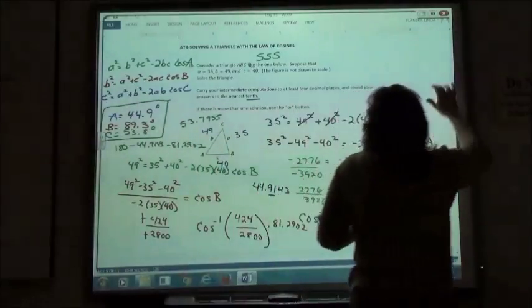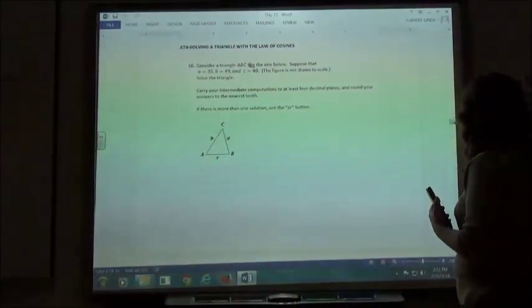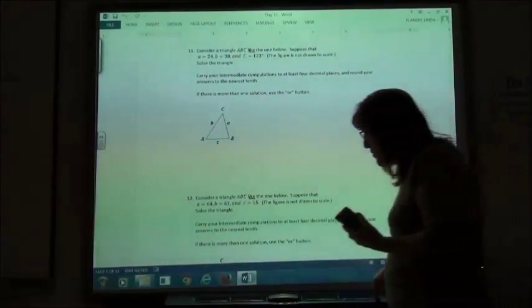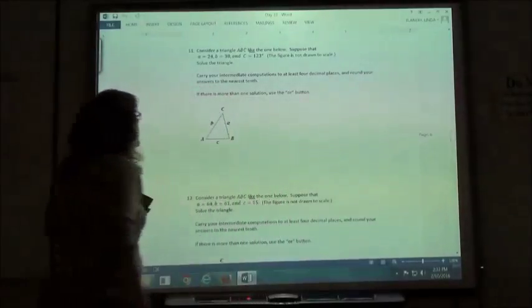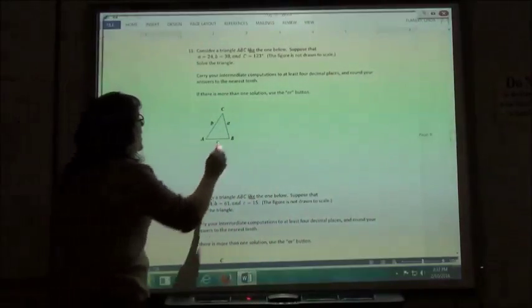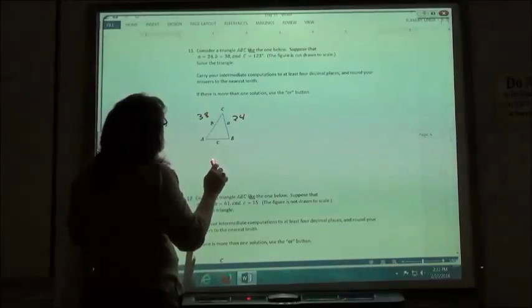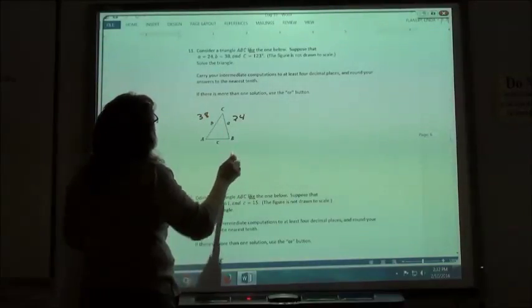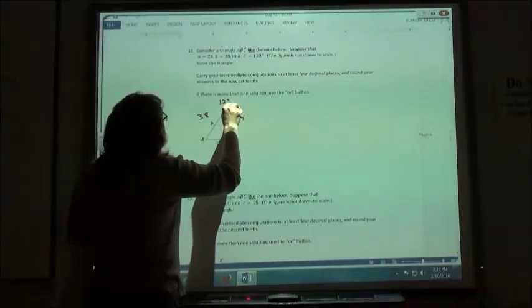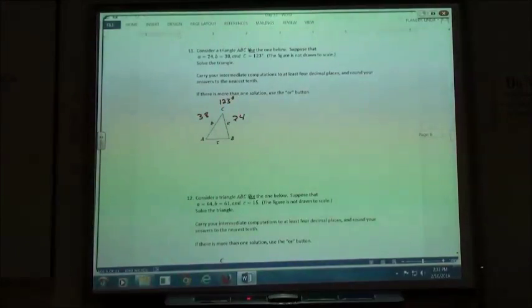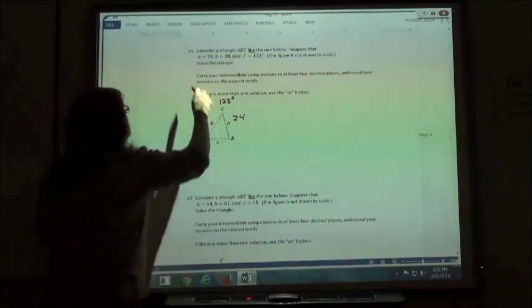So, that was 10. We need to go to 11. Number 11, same thing. I'm going to use my law of cosines. Consider my triangle. A is 24, B is 38, C is 123 degrees. Now in this case, I've got two sides and an angle.